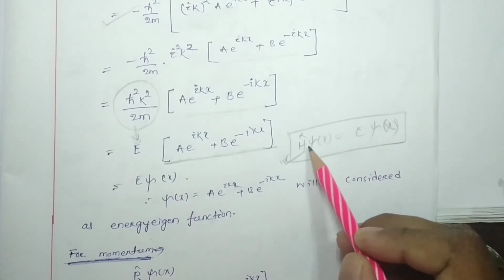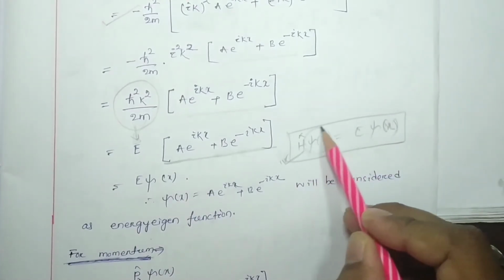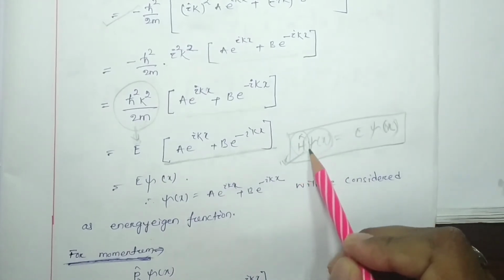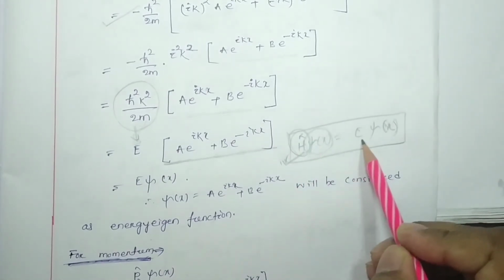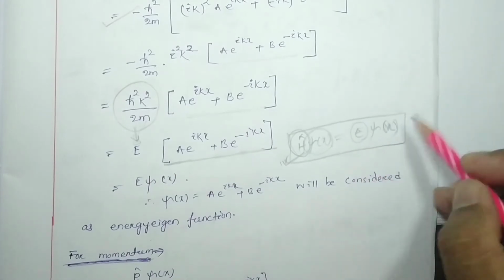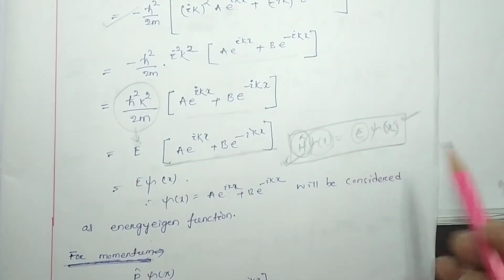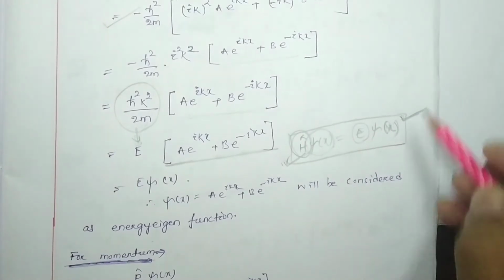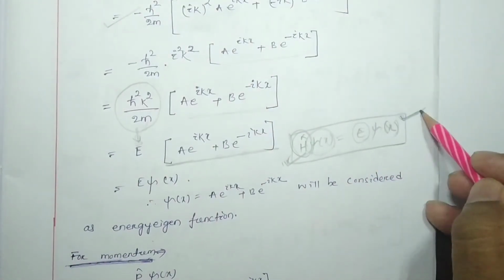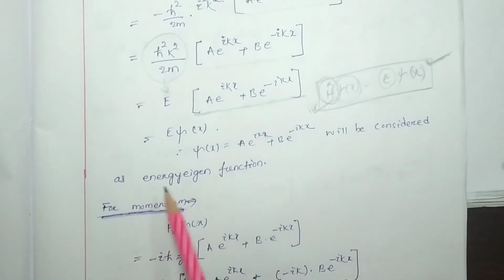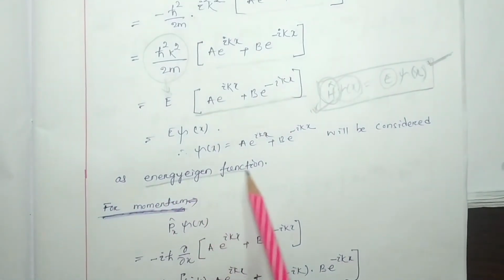So this psi(x) will be called the energy eigenfunction, and for the total energy operator this is the energy eigenvalue, and this whole equation will be called the energy eigenvalue equation, or simply the eigenvalue equation. So this psi(x) will be considered as the energy eigenfunction.